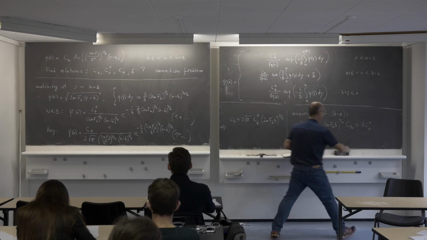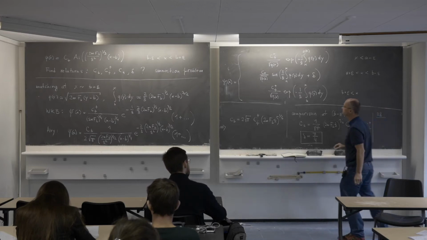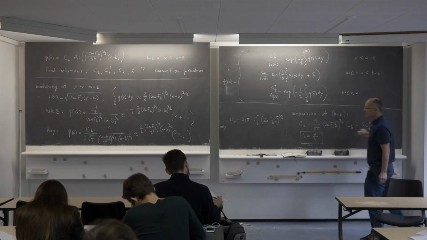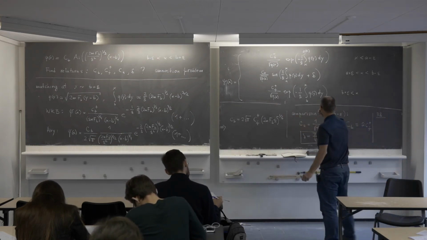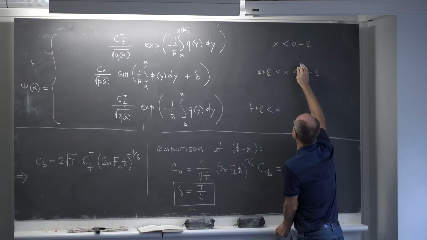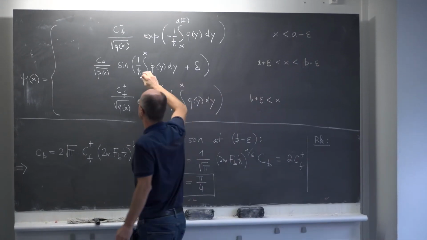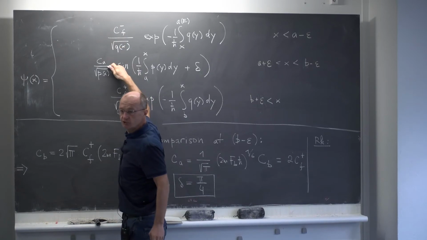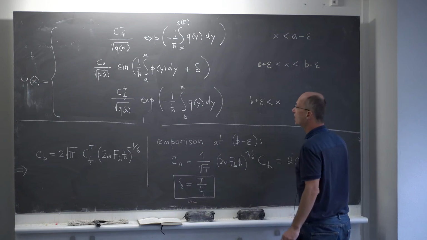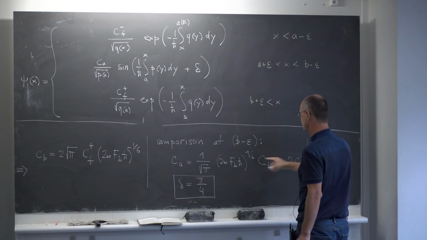Now maybe a remark. There will be two parts of that remark, a small part here and the big and important part on the other part of the blackboard. So you can do the similar matching at the point A, right? And at the point A, it would also give you a relation between those two constants, again a similar relation.